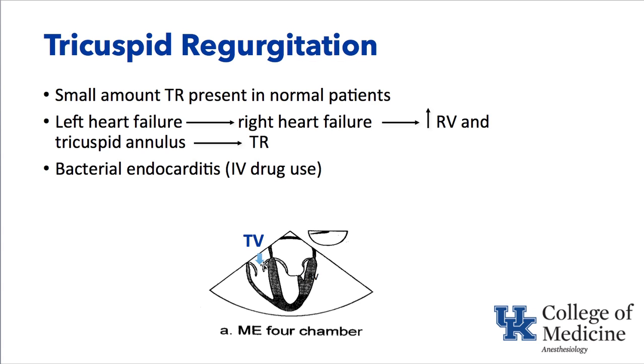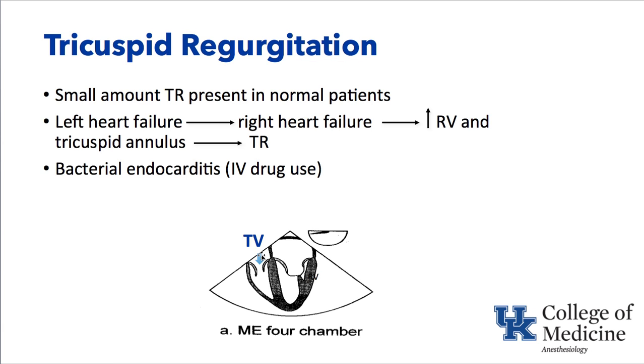So we're focusing on the right side, the tricuspid valve, and we said that most people have a little bit of TR. One of the most common causes of tricuspid regurgitation is left heart failure, where blood backs up and causes right heart failure, and the right heart dilates and pulls apart the tricuspid annulus, and you get TR.